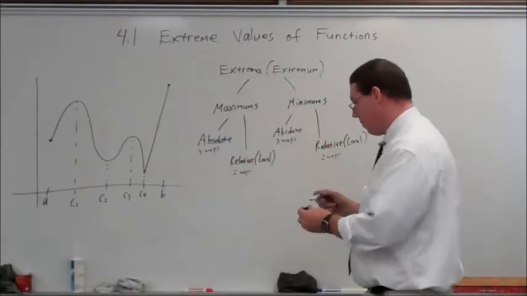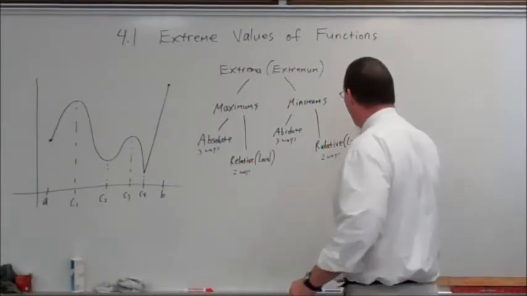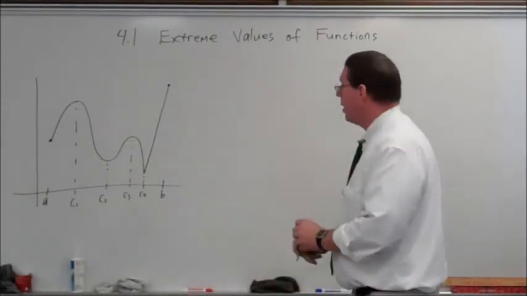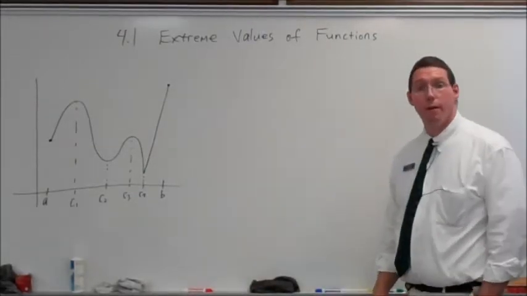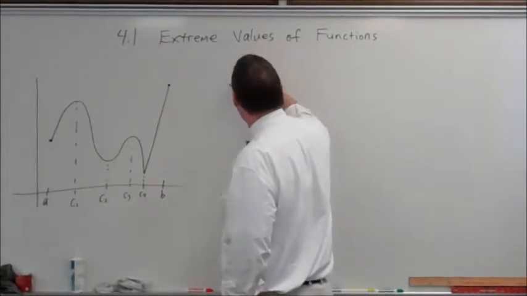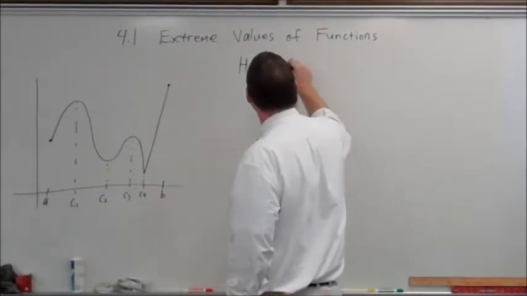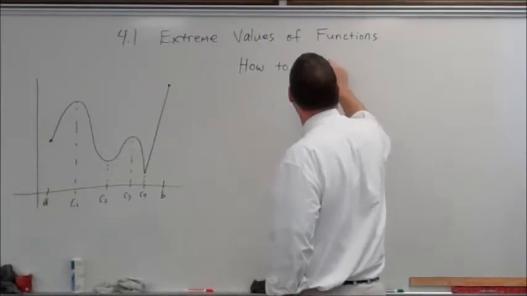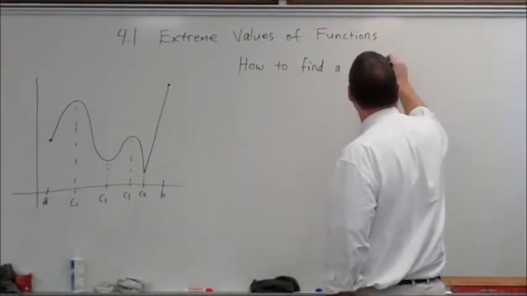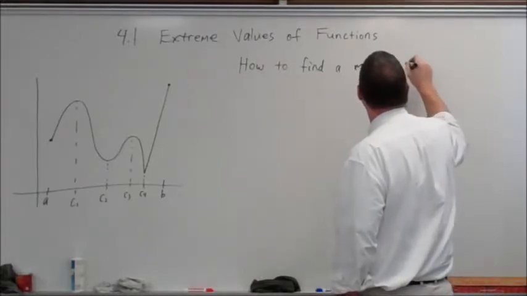Okay? And that's what these ways are that I'm about to explain to you. I'm going to erase this, and I'm going to make a list here that you're going to want to write down. Here's the idea. Here's how to find a minimum or a maximum, okay?